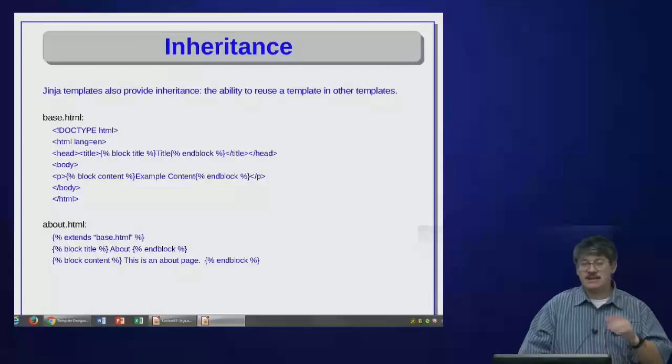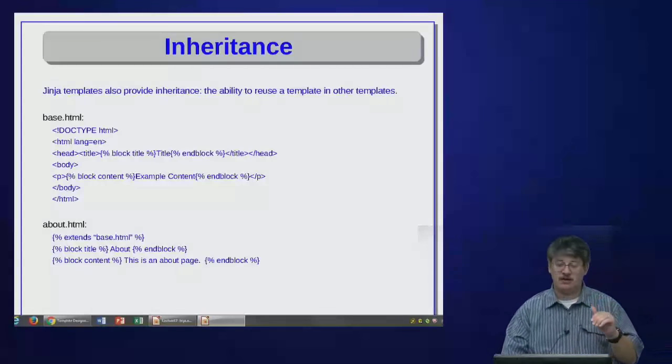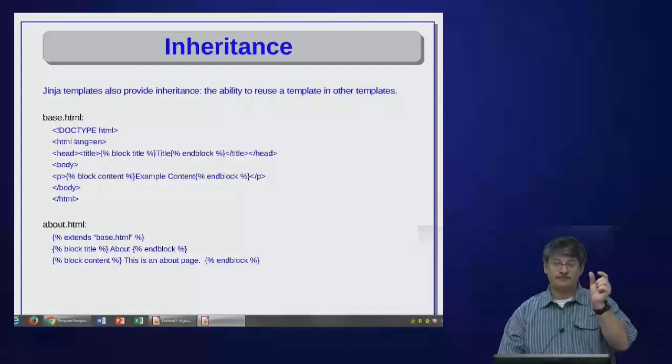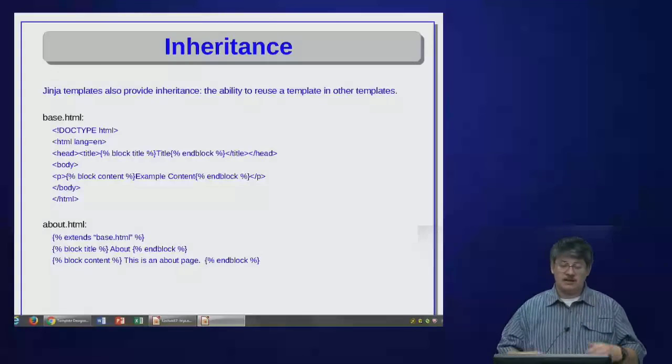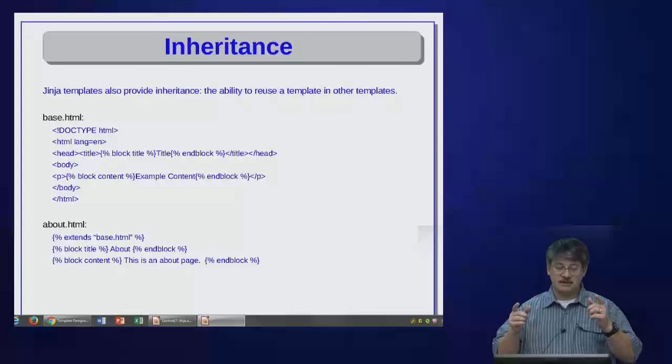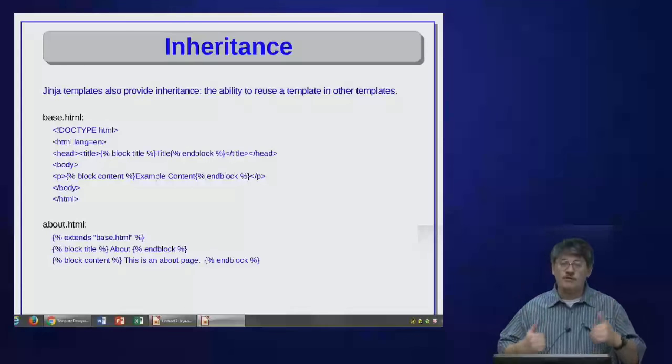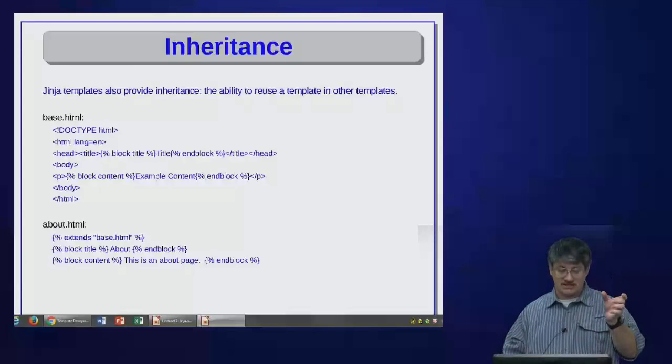What's going to happen is that in the title, in base.html, instead of the word title, I'm going to replace that with the word about. So in about.html, the title will be about, but in base.html, it's title. In base.html, I have a content block that has the text example content. But in about.html, I'm going to override that by having a new content block that says this is an about page.